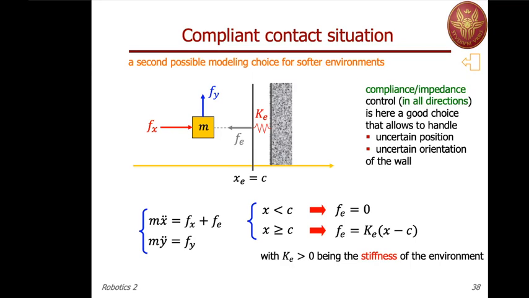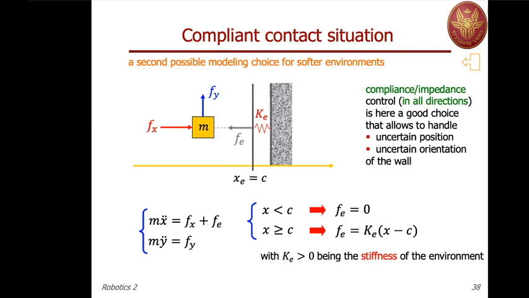Why is that? Because by doing so, assuming that we have a sufficiently precise but not fully precise information on the geometry of the environment, so we may have an uncertainty in the position of the wall, but also in its orientation. So if we are compliant or we impose an impedance model of behavior in all directions, we will handle also this uncertainty.